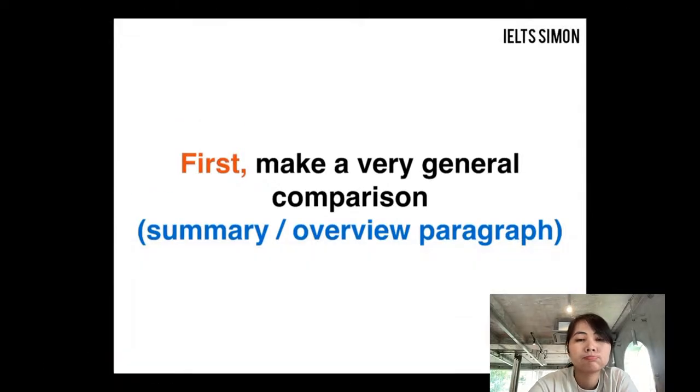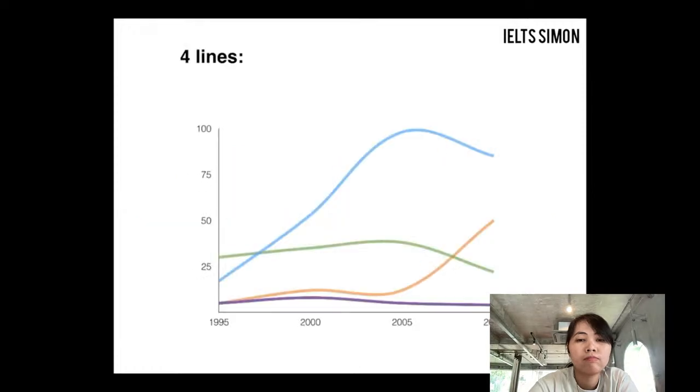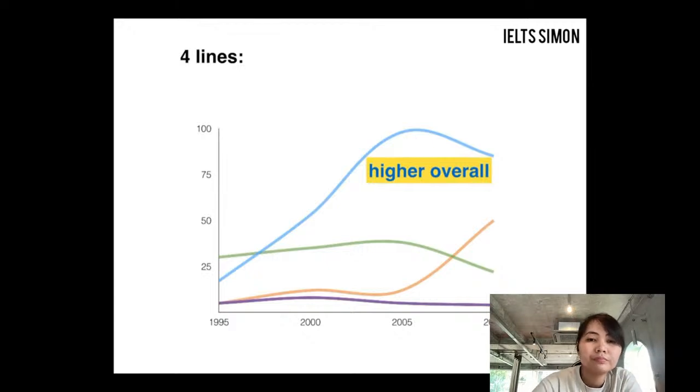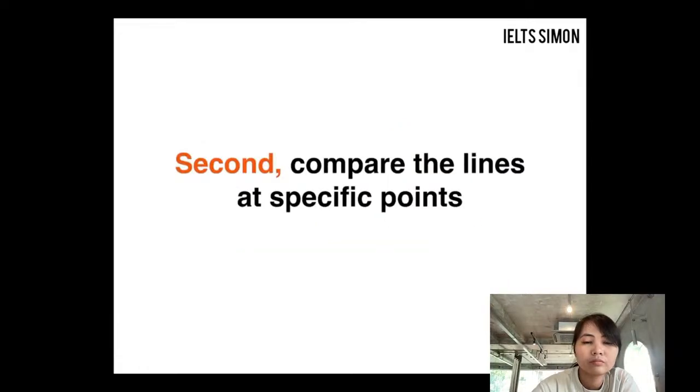An example of this, if we take a graph with 4 lines, the overall summary would be something very, very general, like saying that the blue line is the highest overall, is higher than the other lines overall, and the whole period shown. Very, very general.